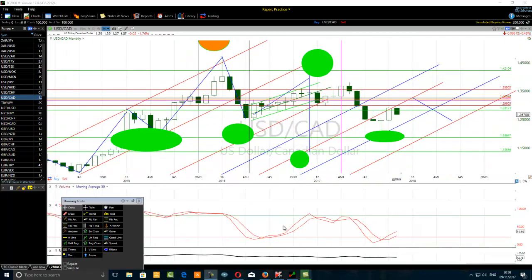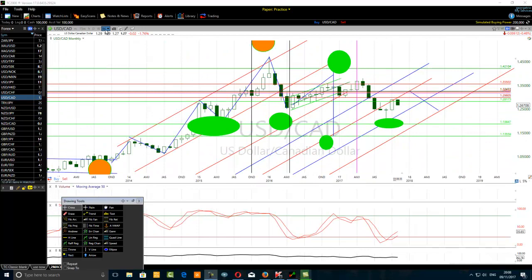I have one example here because I want to do a real-time example. So I'm on the monthly chart. I'm not using the monthly chart for my trading setup if I'm a part-time trader.